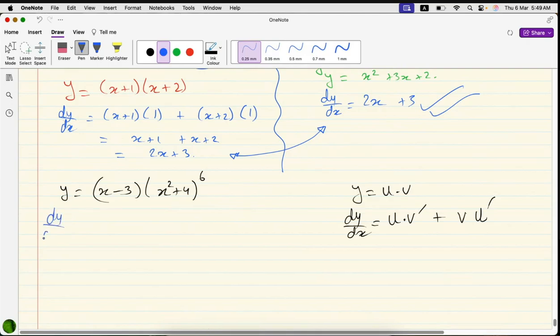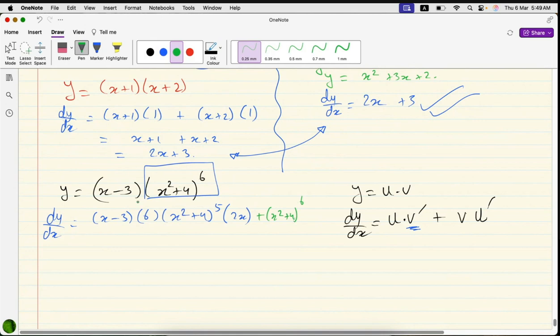So dy by dx is first function, now we multiply with the differentiation of second. I'm looking at the second function and differentiating it: 6 into (x squared plus 4) to the power 1 less, and whatever is inside is 2x. And then we write second function into differentiation of first.